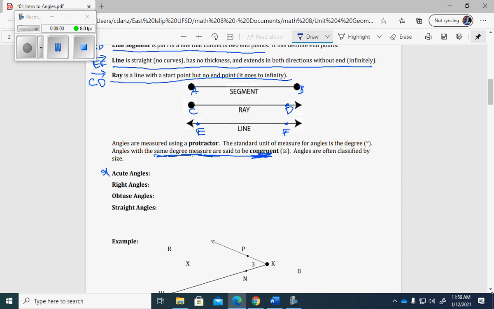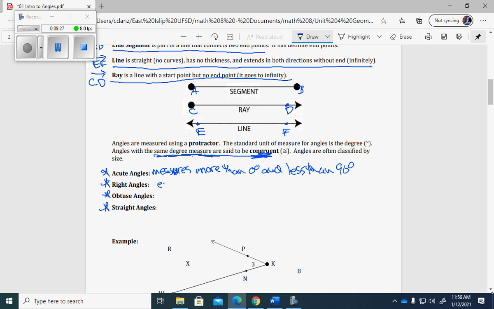And these terms are on your vocabulary test. An acute angle is an angle that measures more than 0 degrees and less than 90 degrees.